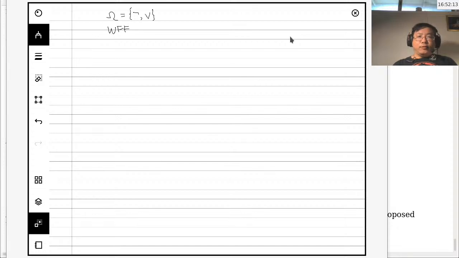A well-formed formula, in this case, in general, if I want to display it in the graphical sense, is going to be a disjunctive term and another disjunctive term and another disjunctive term and so on. Then the question is, what can we have as components of the disjunctions?